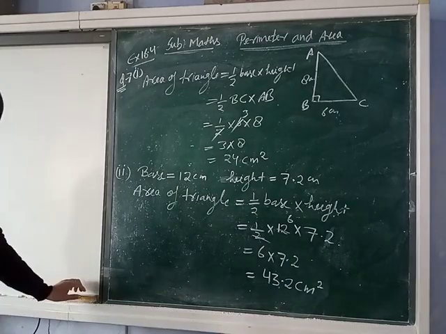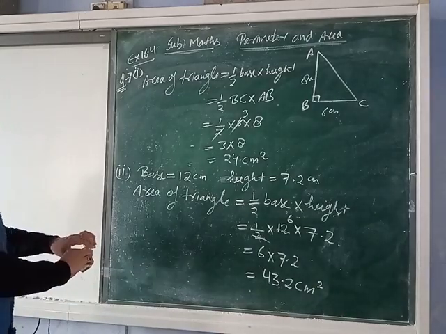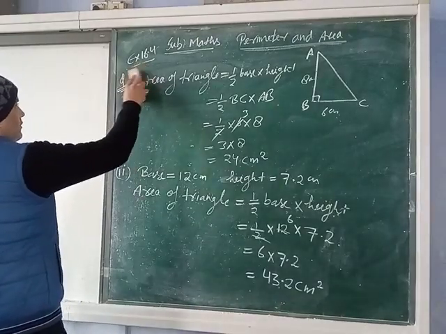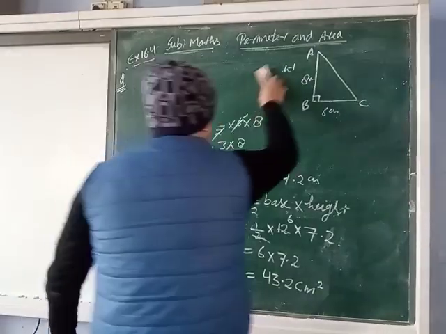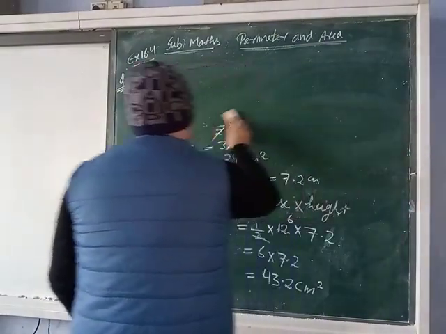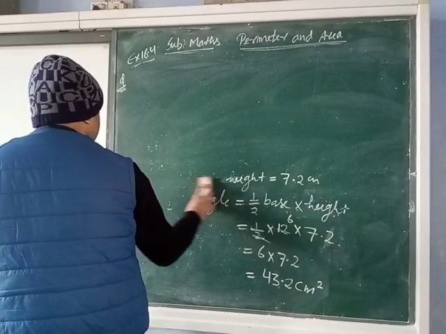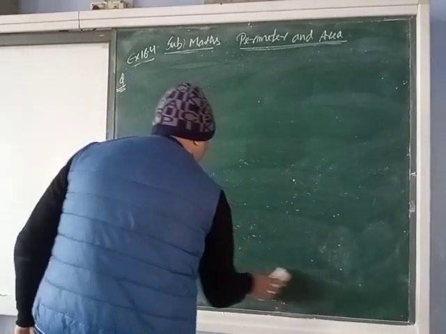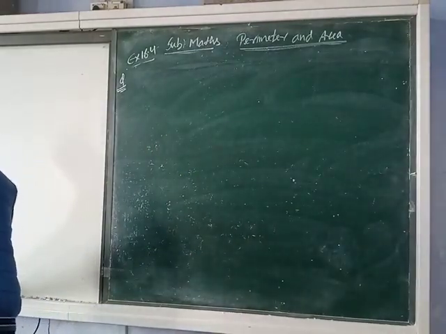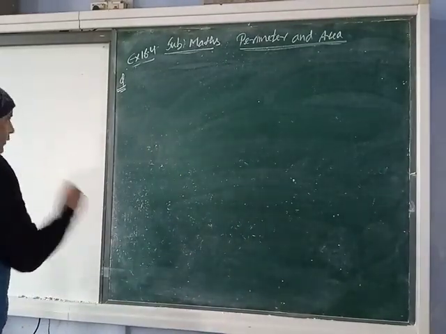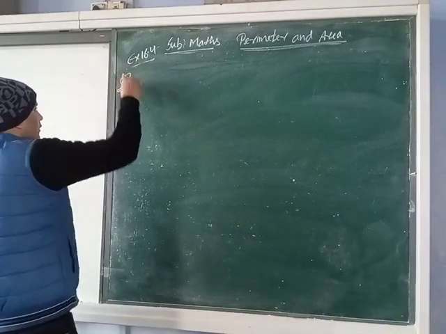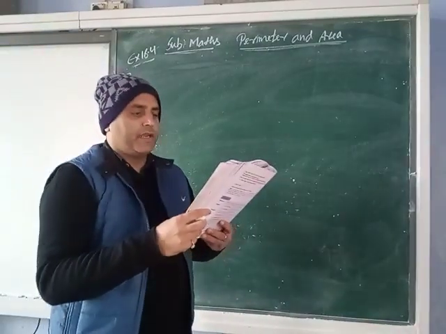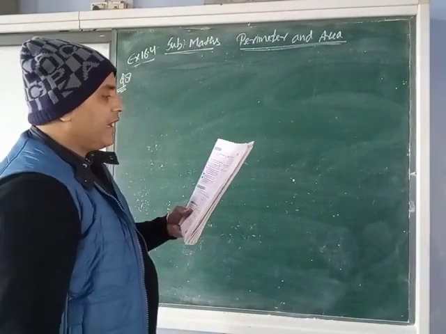Okay. Now after this, see question number 8. Question number 8. Now, in question number 8, the area of a right angle triangle.